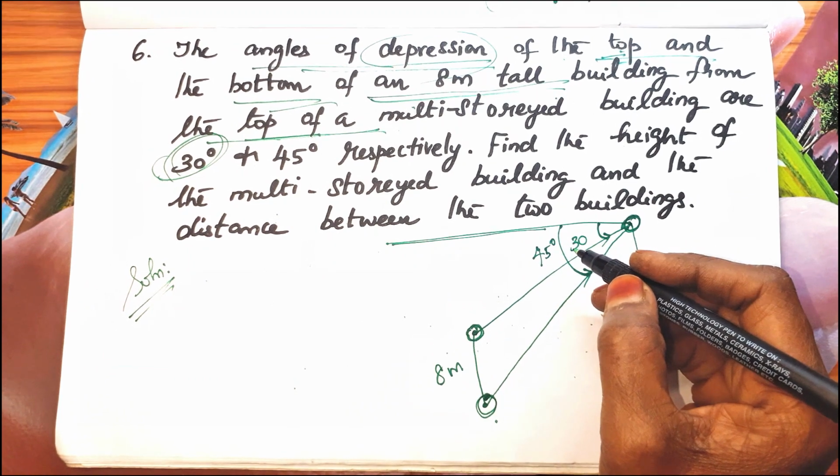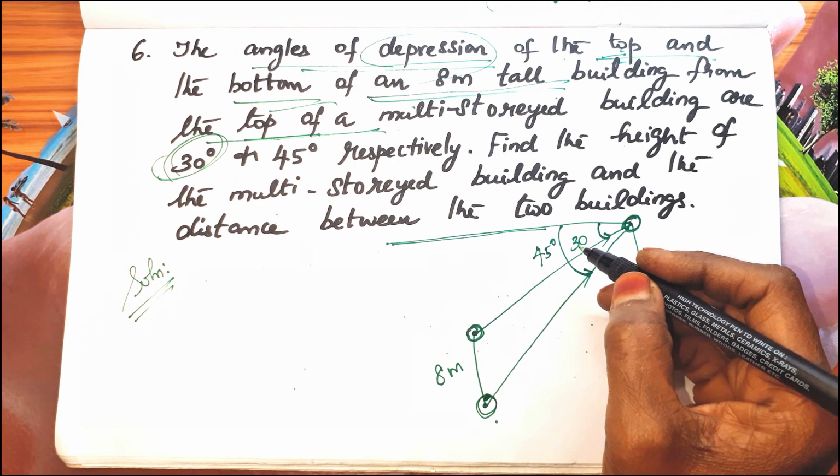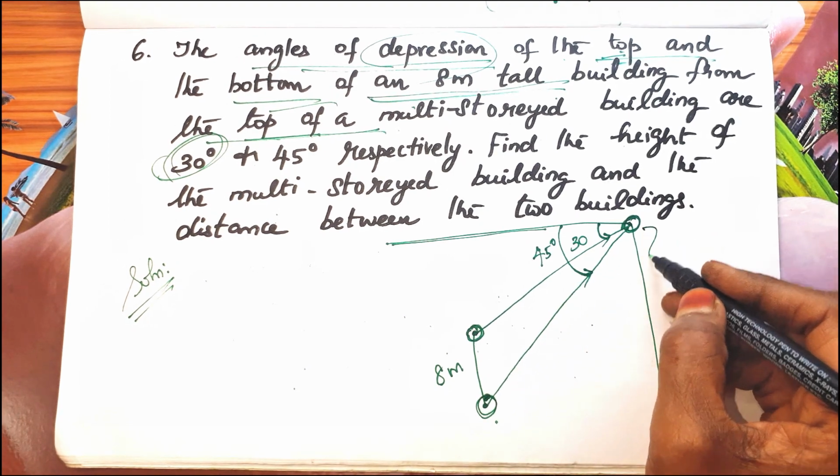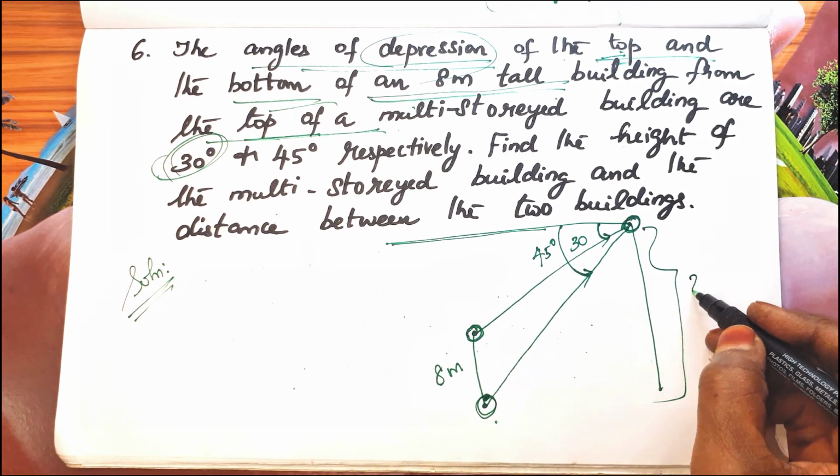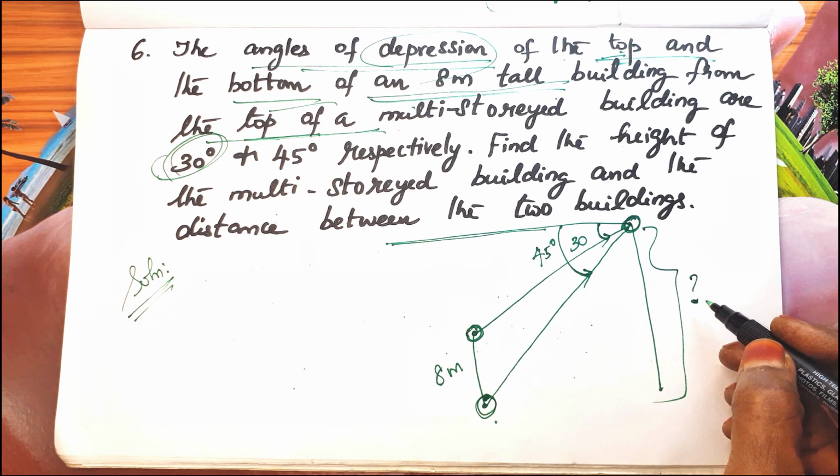That is given. So we are going to find the height of the multi-story building. This distance we are going to calculate. And what is the next thing we are going to calculate?